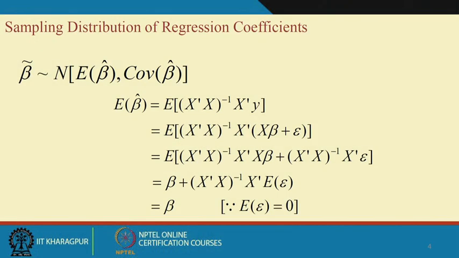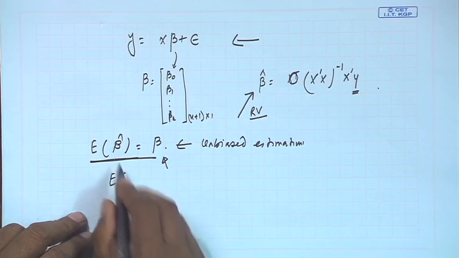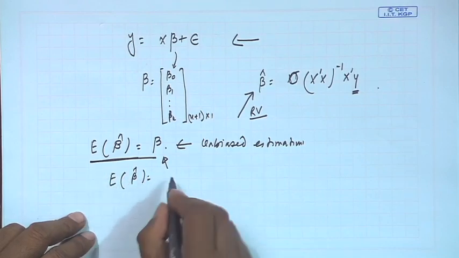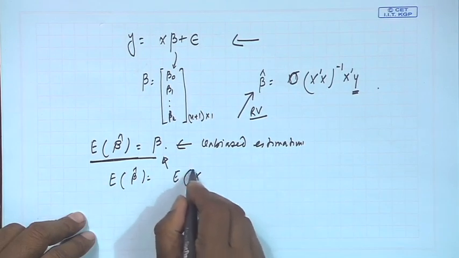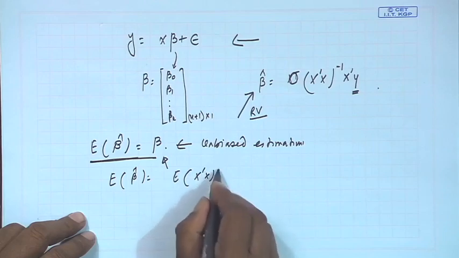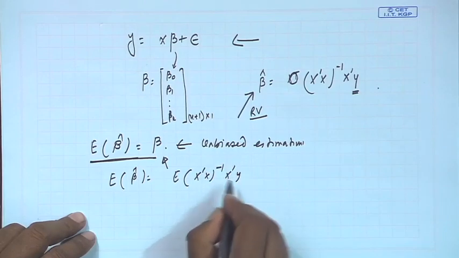So, how can you do this? You can write that expected value of beta cap equal to expected value of x transpose x inverse x transpose y.